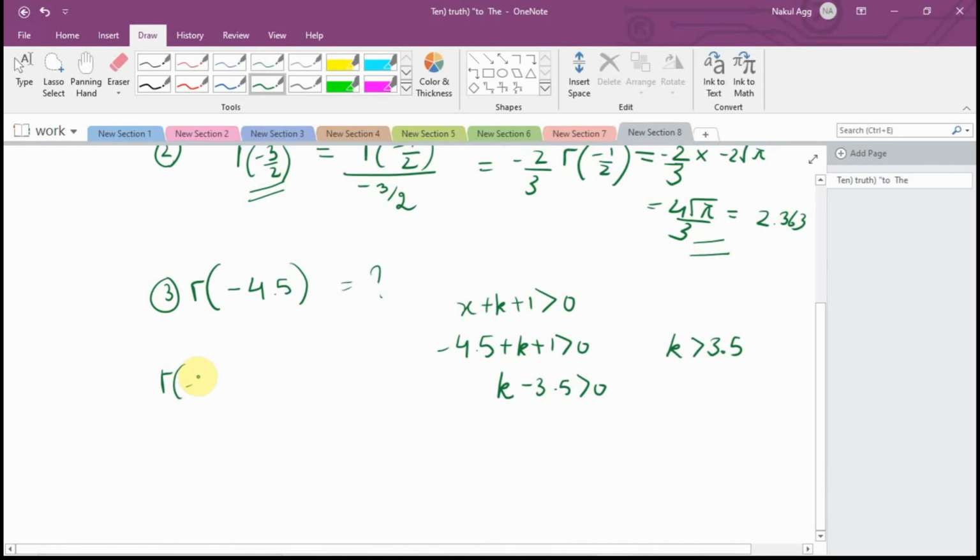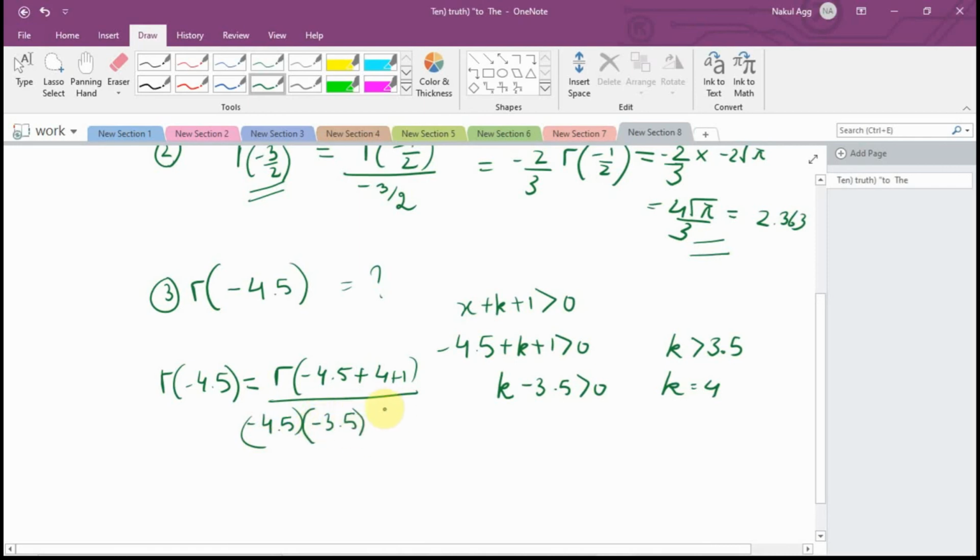So gamma of minus 4.5 is equal to, in this case k is equal to 4. So gamma of minus 4.5 plus 4 plus 1 over minus 4.5. Remember, we will have 5 terms in the denominator.